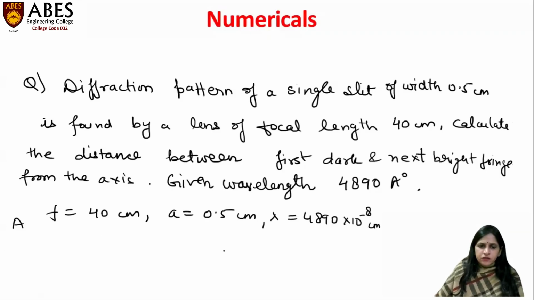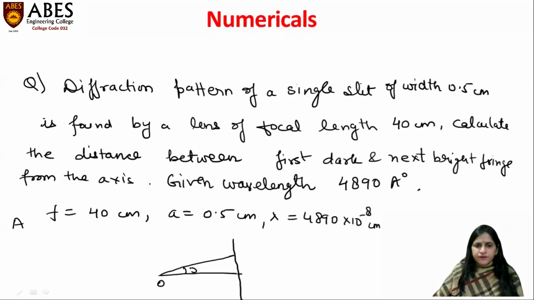Okay. Now if we draw a screen, and from the axis, suppose O is the axis, and this is the screen. At suppose theta 1 angle, minima is forming. The first dark band is forming here, making angle theta 1 from the axis, and the distance from the center is Y1.